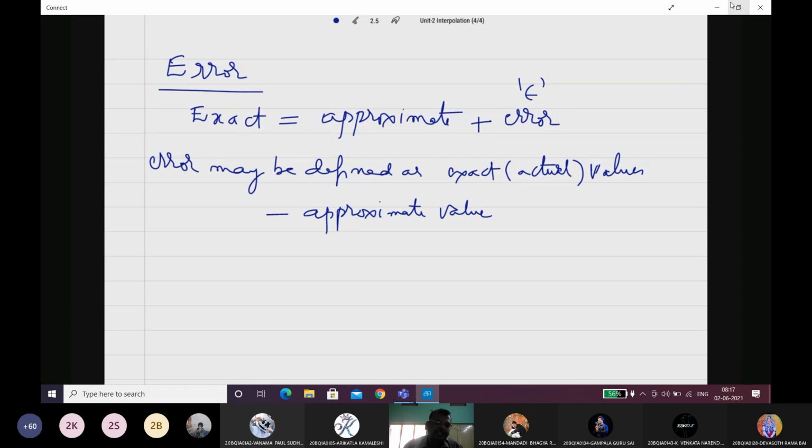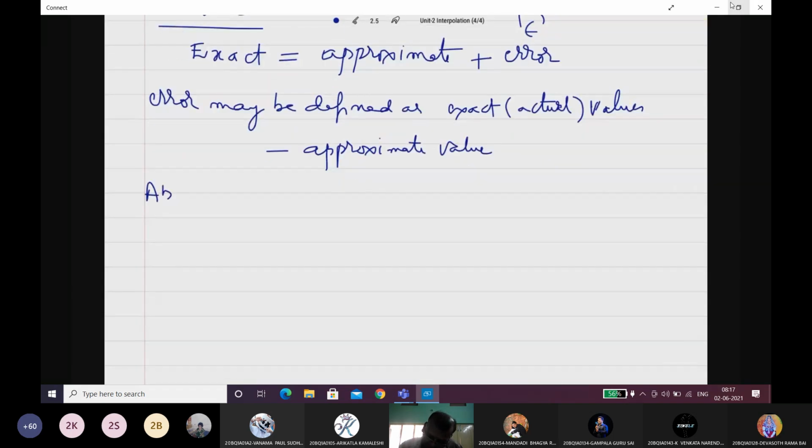Now, types of errors. Many types of errors are there. Actually, this is not in our syllabus, but you have to know something related to the errors. Absolute error is equal to modulus of x minus xa.